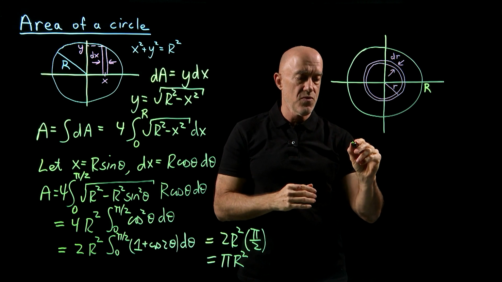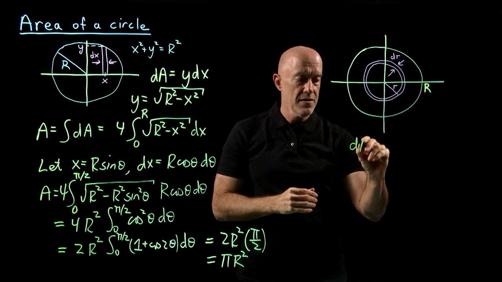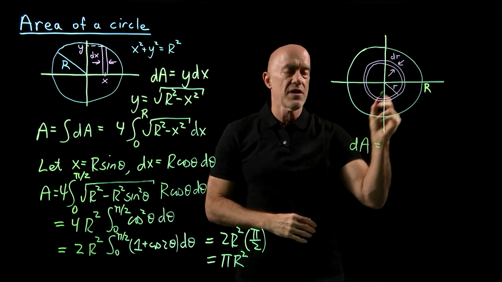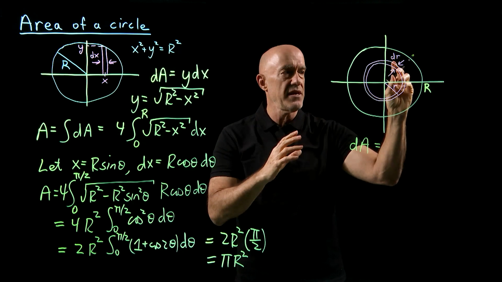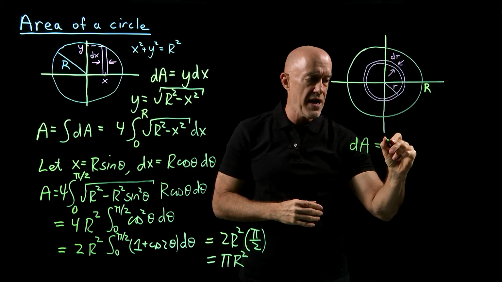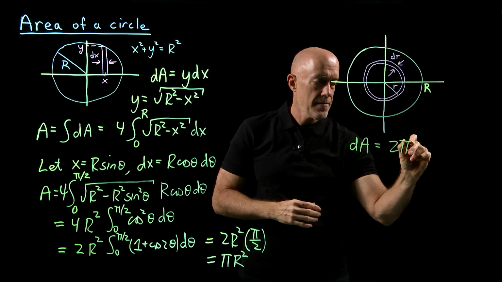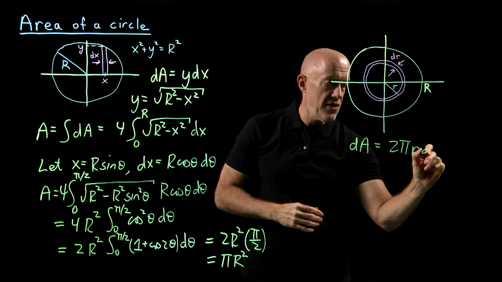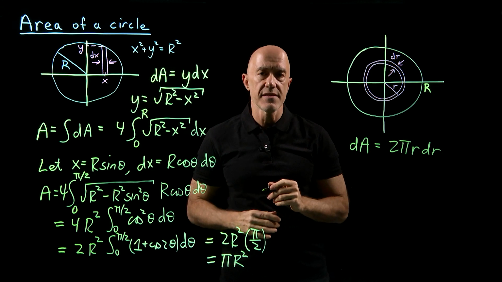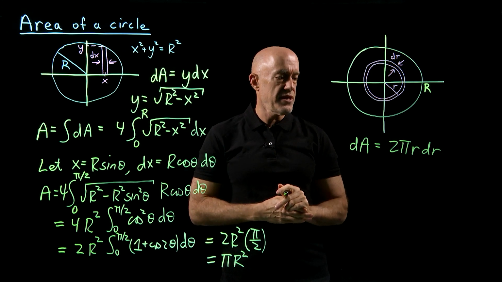So that tells us what our dA should be. So our dA here should be the circumference of this circle times the width, which is dr. So the circumference is 2 pi r, and the width is dr. And then we can integrate over dr to get the area.